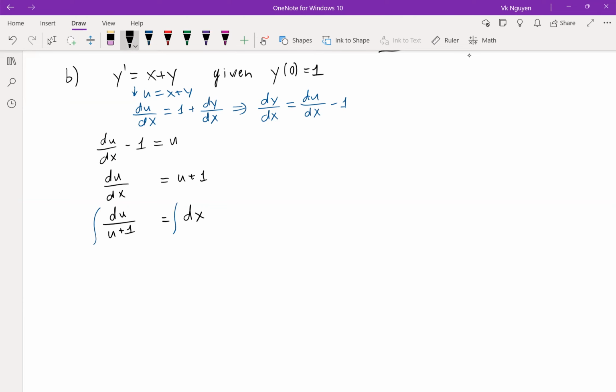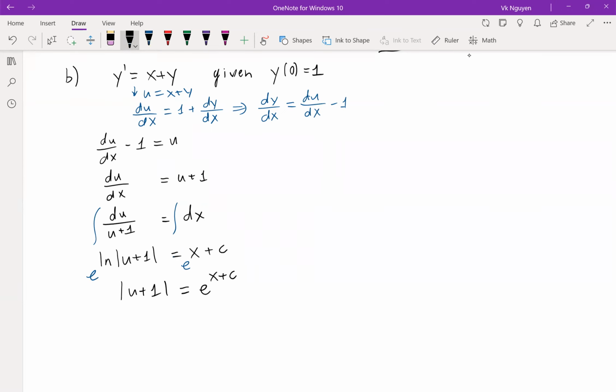And we have ln of the absolute value of u plus 1 equal x plus c. Raise e to the base to get rid of ln. Then we say that the absolute value of u plus 1 equals e^(x plus c).